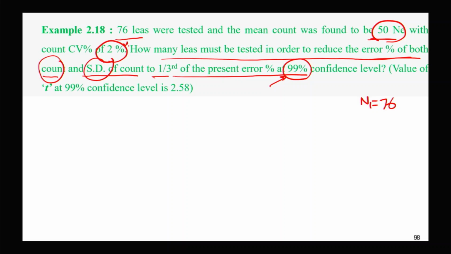So, CV percent is given. CV is not going to be used in this calculation. We need standard deviation. So, standard deviation by mean is here 50, because CV of count is there. So, mean of count into 100 is 2%.